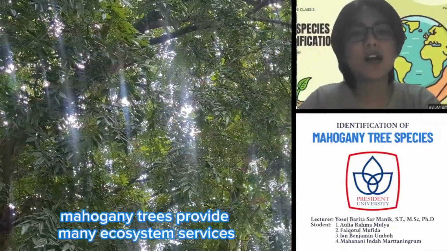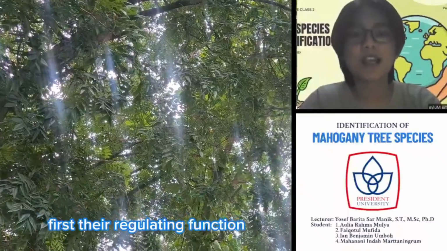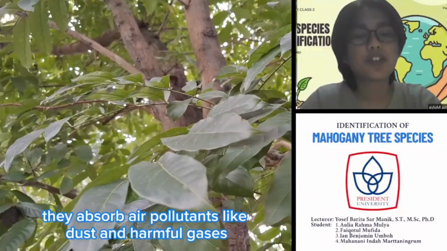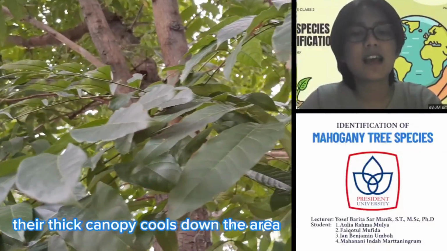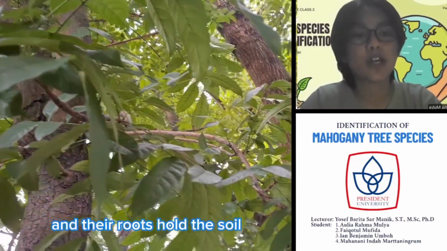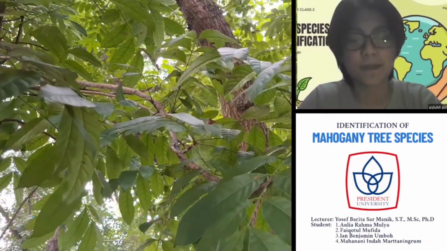Besides that, mahogany trees provide many ecosystem services. First, their regulating function. They absorb air pollutants like dust and harmful gases. Their thick canopy cools down the area, and their roots hold the soil, reducing the risk of floods and erosion.